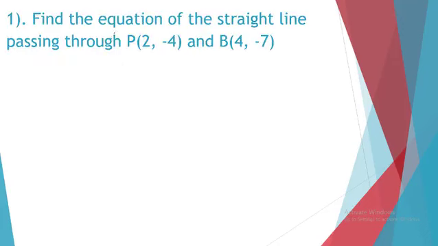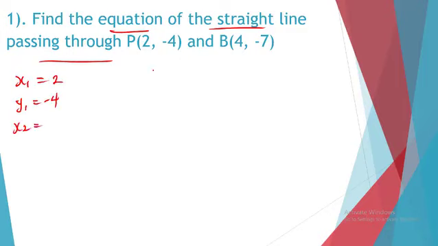Example 1: find the equation of the straight line passing through P(2, -4) and B(4, -7). The very first thing we need to do is to specify our values: x1 is 2, y1 is -4, x2 is 4, and y2 is -7.